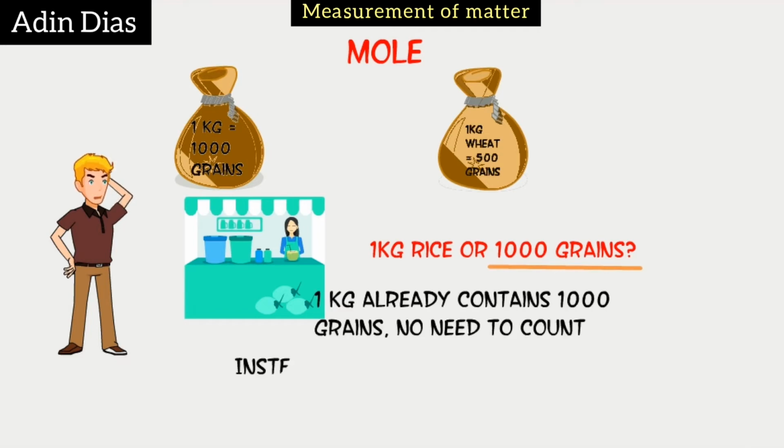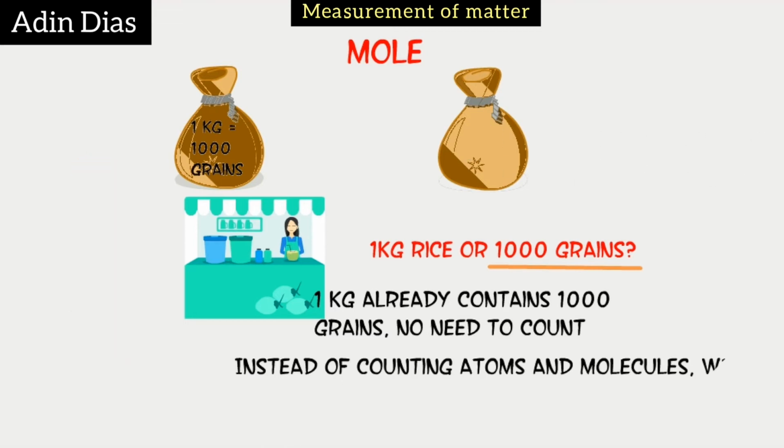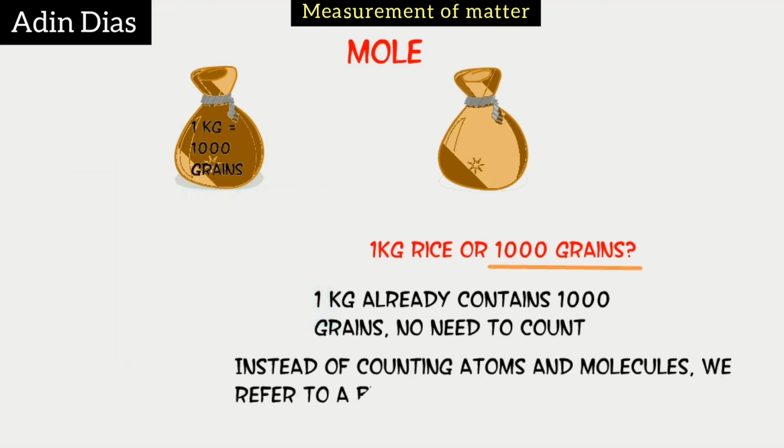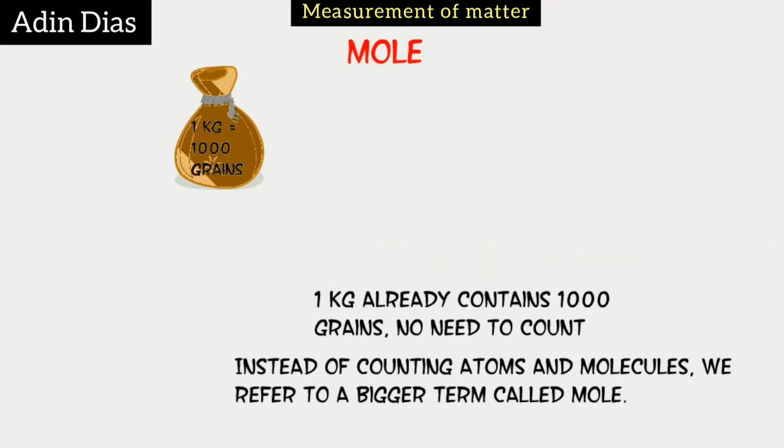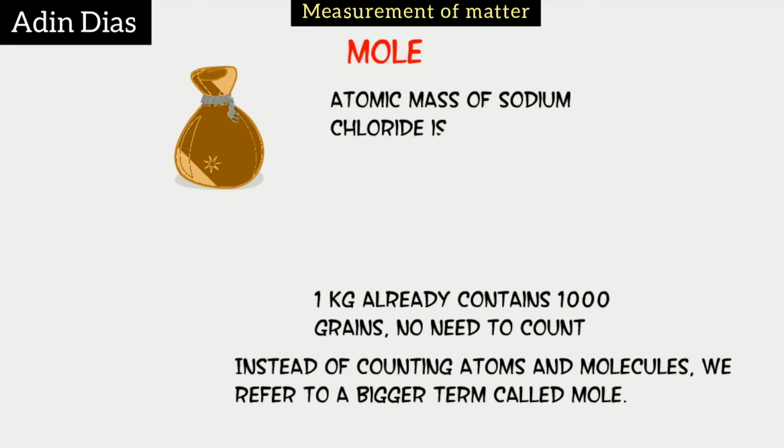Similarly is the case of a mole. Instead of counting atoms and molecules in a chemical reaction, we refer to a bigger term called mole, like we had kilogram. This makes our work easier. For instance, we saw earlier that the molecular mass of sodium chloride was 58.5, right?